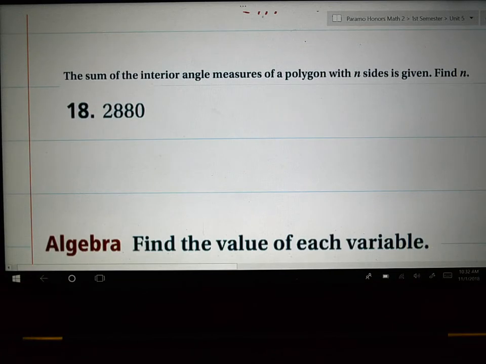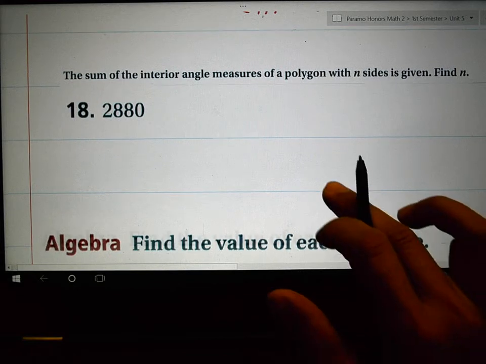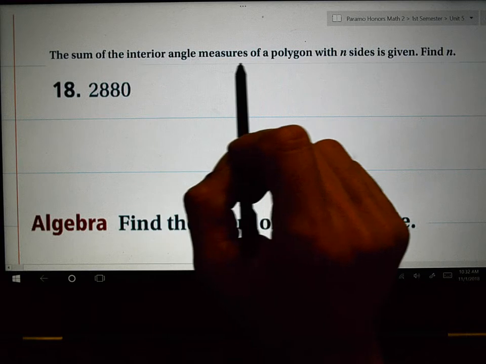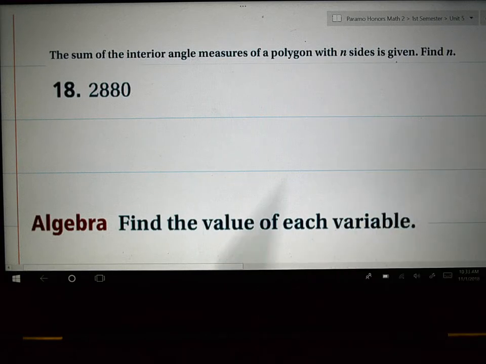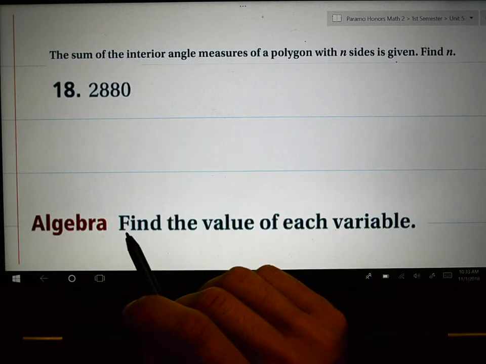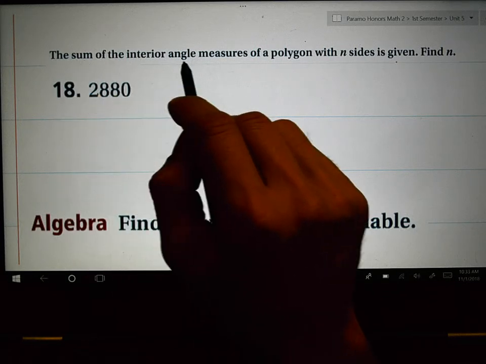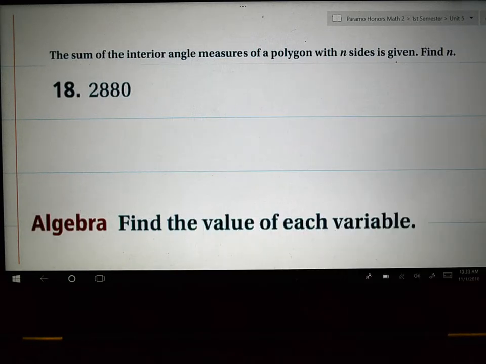Next example, number 18. The sum of the interior angle measures of a polygon with n sides is given. Find n. So I gave you 4 formulas, and they're giving us the sum of the interior angles of a polygon with a number of sides that we don't know.